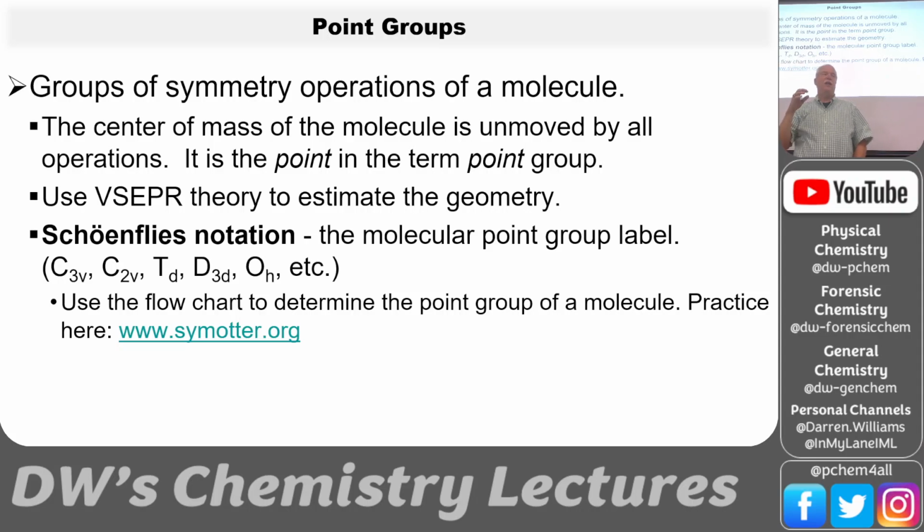So there's several things that I will refer to in this group theory section that if you don't know the vocabulary words, you're just not going to understand what I'm talking about. So Schoenflies notation is the group theory designation, like C3V, C2V, TD, and so on. Later, we're going to have Mulliken notation, and it's a totally different thing. So you need to know the difference between a Schoenflies notation and Mulliken notation.